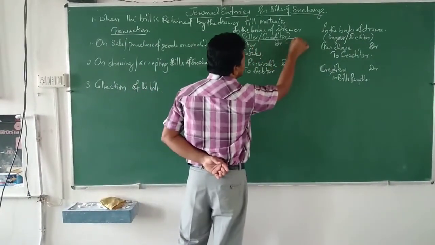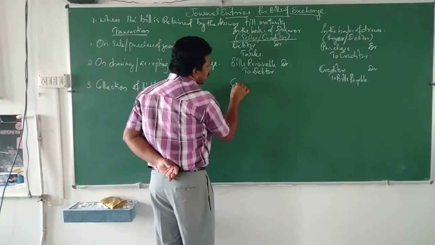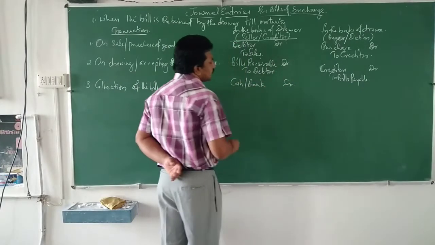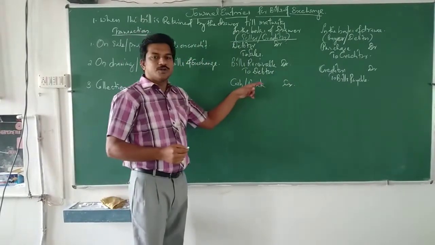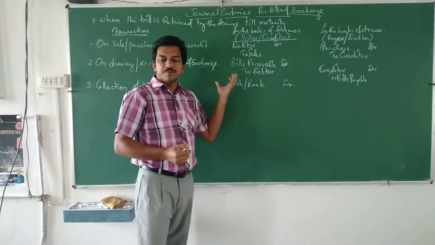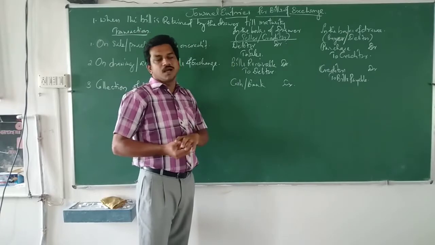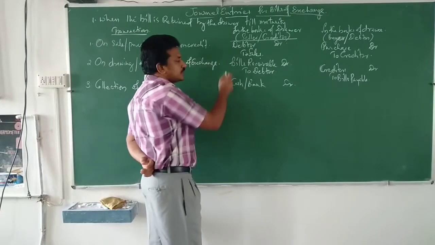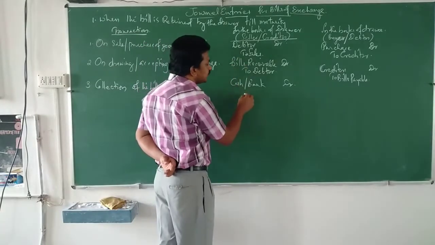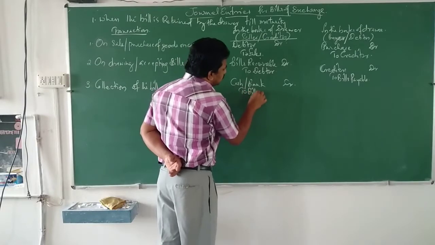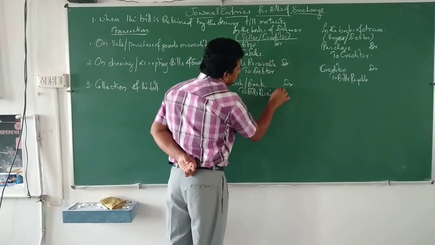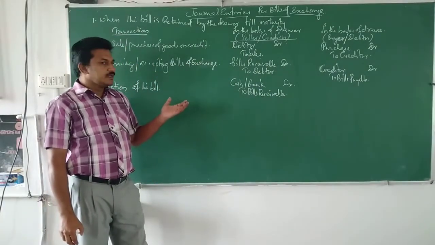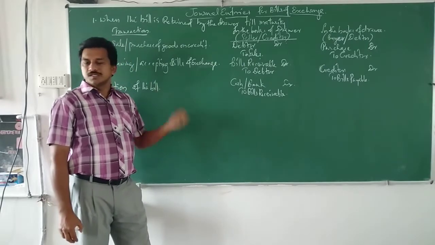So he can write either cash or bank, debtor. That means money can be written in his cash account or his bank account. And which asset decreases? This asset will be cancelled. So to bills receivable. Okay. Then cash or bank debtor to bills receivable.